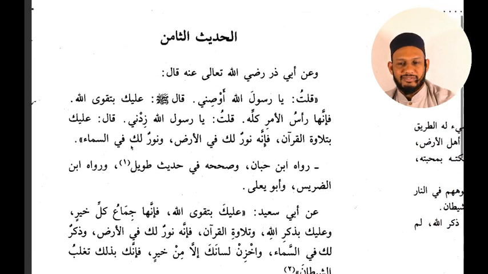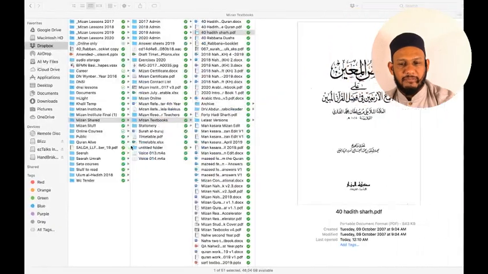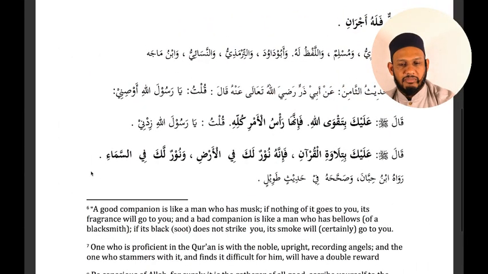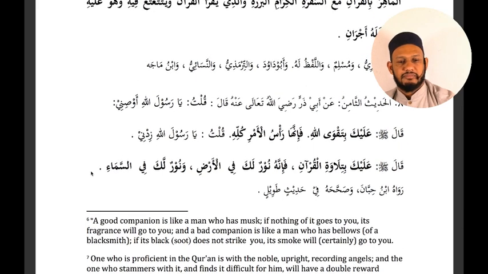In other words, only let your tongue utter goodness. فَإِنَّكَ بِذَلِكَ تَغْلِبُ الشَّيْطَانِ, because with holding back your tongue, you are able to overpower shaitan. So beautiful hadith. And it carries on, actually it is longer than that as well. There are more parts to it, but we're going to memorize this part.